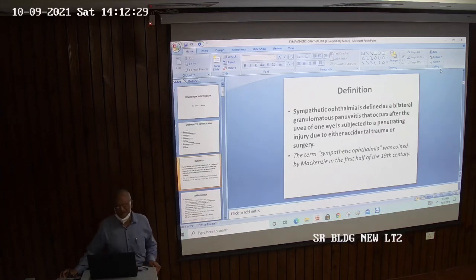Three, four features are there. They form a tubercle-like structure, granuloma like that. That is why granuloma. Mutton fat KPs. This is insidious onset. Thick synechiae are there. This is a chronic disease, and non-granulomatous is an acute disease.